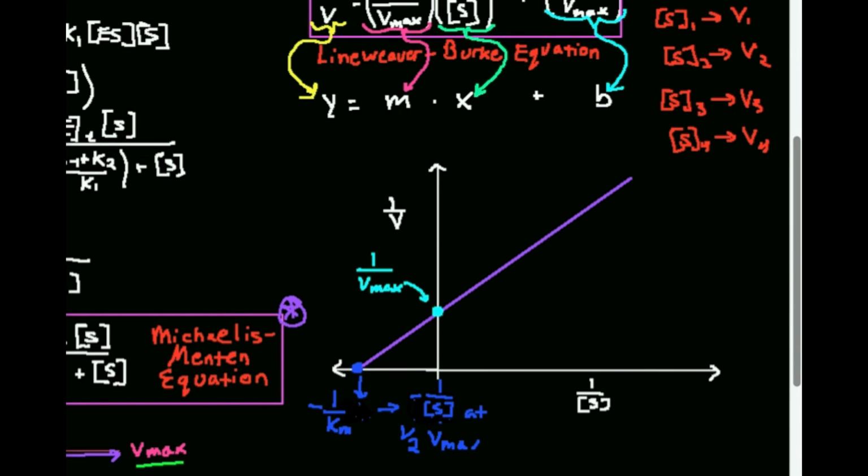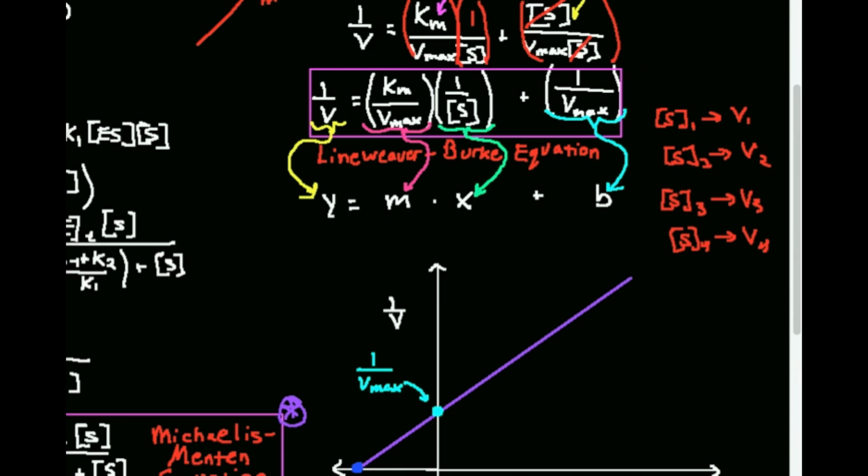But here's the problem. Our y-axis is 1 over the rate, and our x-axis is 1 over substrate concentration. So technically what you have to do if you're given these values to generate a Lineweaver-Burk plot, for every single one of these that you give, and you could have many of these, you actually have to take the reciprocal of all of these. So if you have 30 points, you have to take basically 30 or 60 reciprocals if you're looking at both of them.